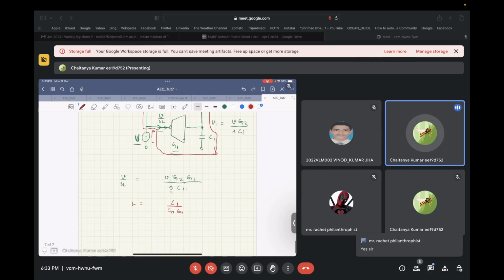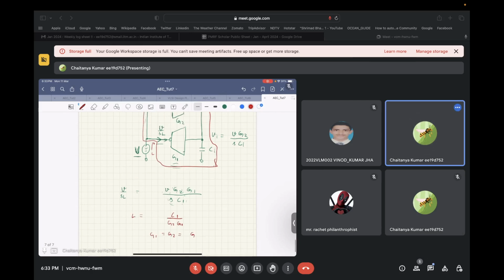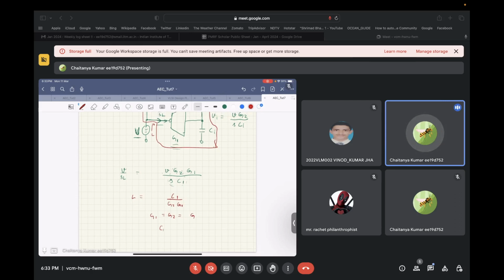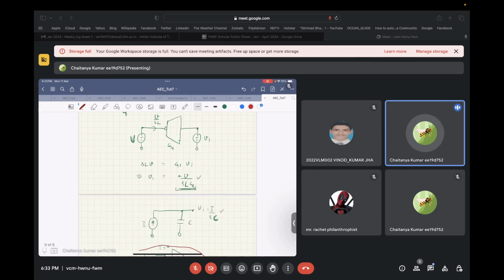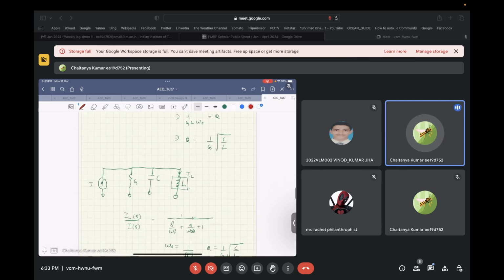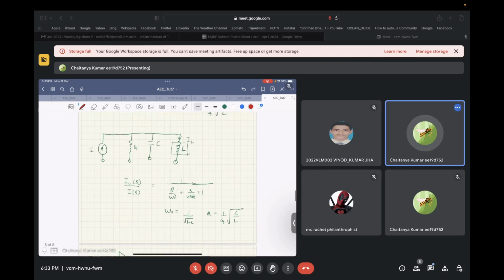Okay. So for now, let's take G1 equal to G2 equal to G, and this value C1 equal to C. Let's go back to the original circuit that we were trying to emulate. We can easily get a conductance, we can easily get a capacitance, and now we have seen how to get an inductance using a capacitance and a few transconductors.